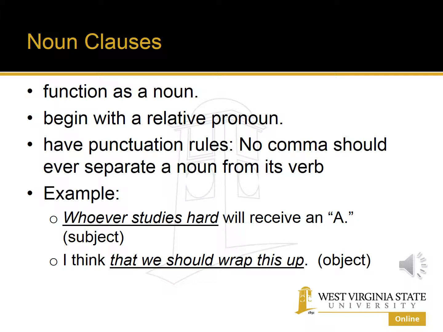If you can think of it this way, the whole relative clause is functioning as the object of the sentence. If that is grammatically too complicated for you to understand, then just look at the first part of the sentence. I is the subject, think is the verb, and it's what do I think? That, remember, we learned is always the direct object of the verb. So the whole clause, that we should wrap this up, is the direct object of the verb think.